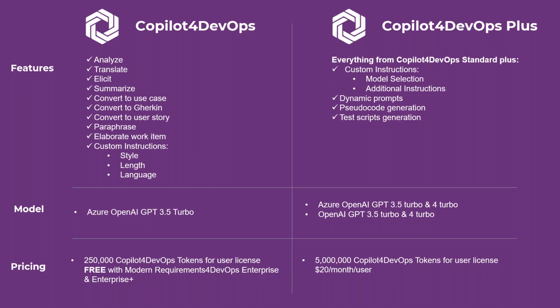So if you are a Modern Requirements user using Copilot for DevOps on the left-hand side today and you're excited about some of these new capabilities, great, you can upgrade to it and you're off to the races. The other benefit of having Modern Requirements with Copilot for DevOps Plus enabled is that you'll be able to call Copilot from diagramming, and from multiple different tools within Modern Requirements, enhancing that experience.